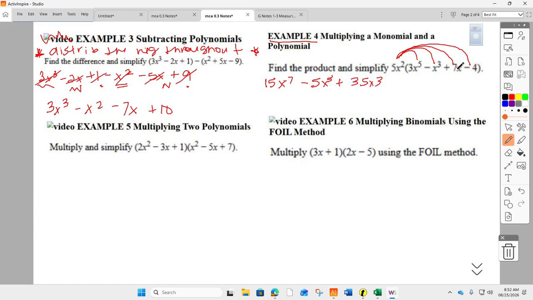Coefficient times coefficient, variable times variable, and then minus, oh, that 3 looks like a big 3 instead of an exponent. Minus 20x squared.